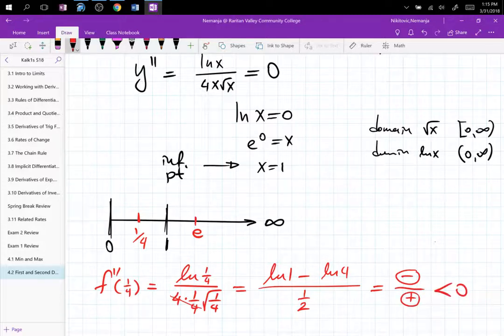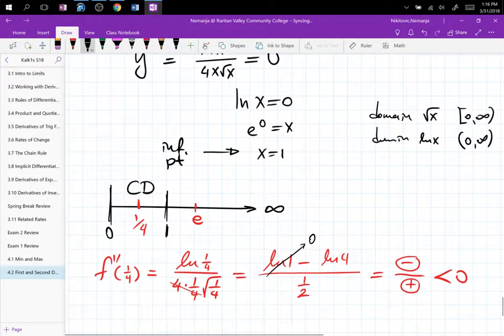That's less than 0. Concave down on the first part. I have no clue what the numbers are, and I don't care. I just know that ln 1 is 0, and I am subtracting a positive value. 0 minus positive values. Now, sure, punch it in a calculator, you get decimals, and you can go from there.